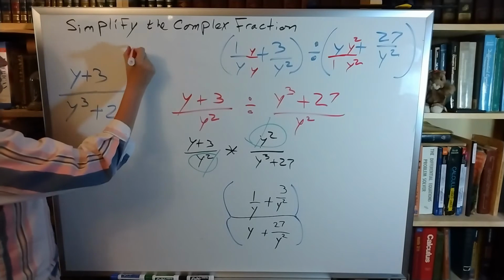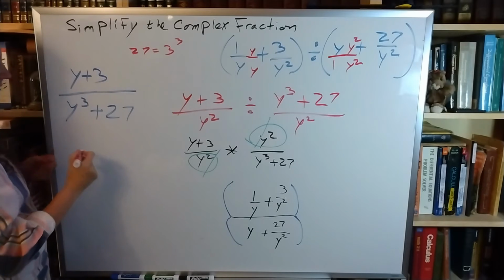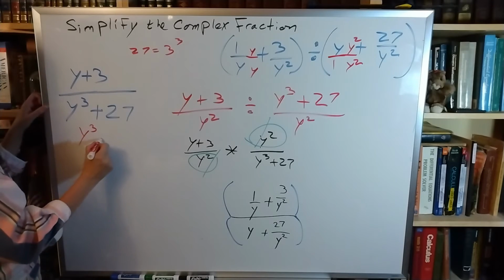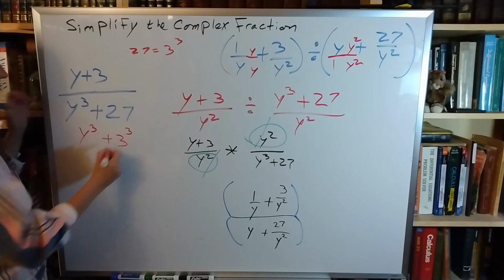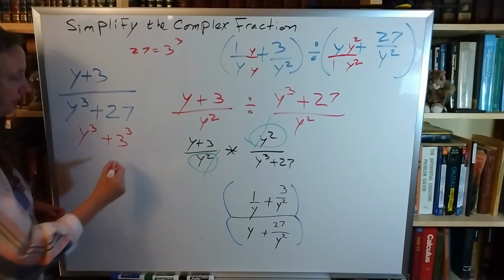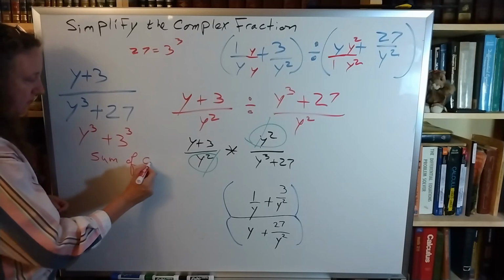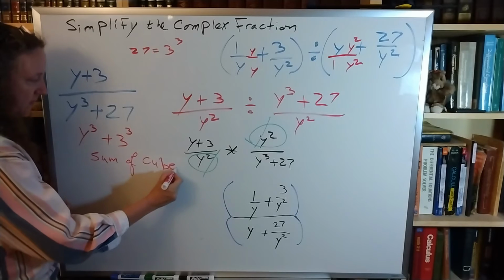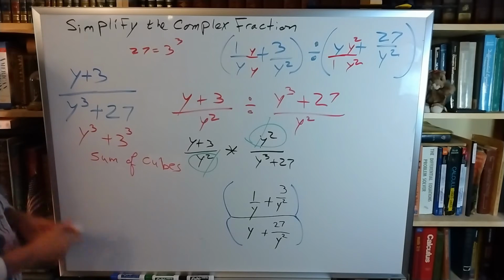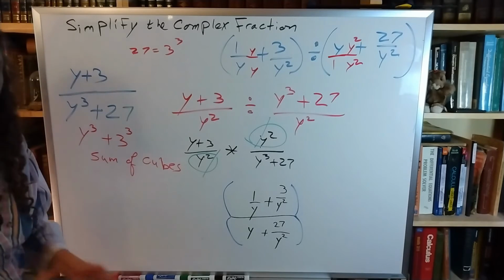Well, I know that 27 is 3 to the third. So this is y to the third plus 3 to the third. That's the sum of cubes. So then I pick up my book and I say, I know this is in here somewhere.